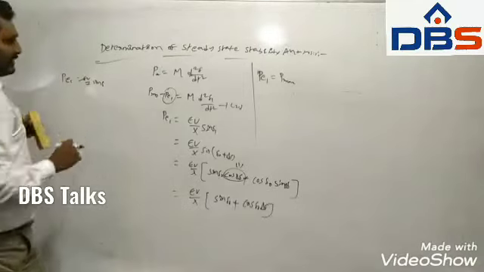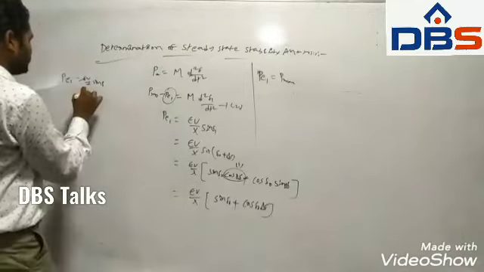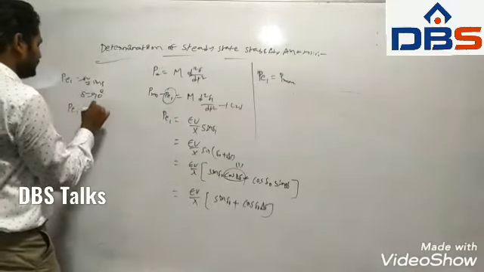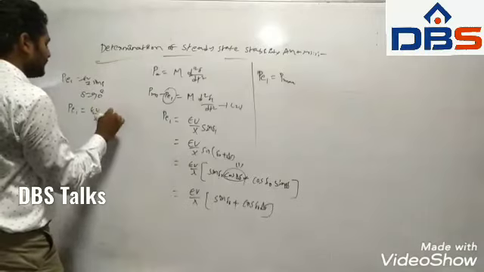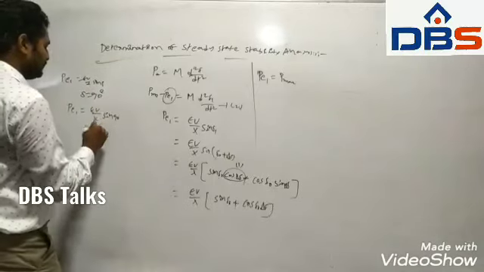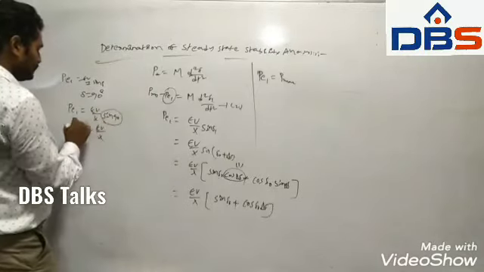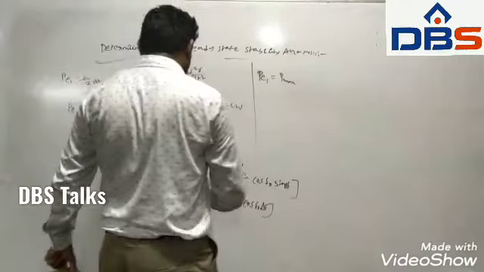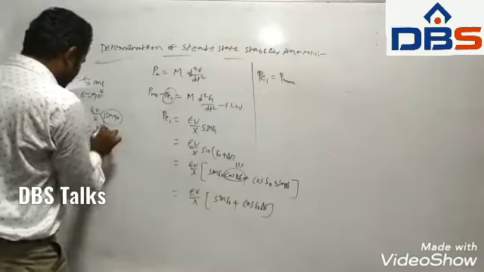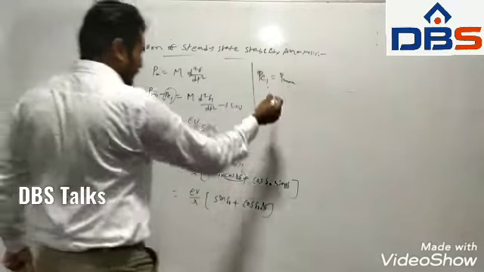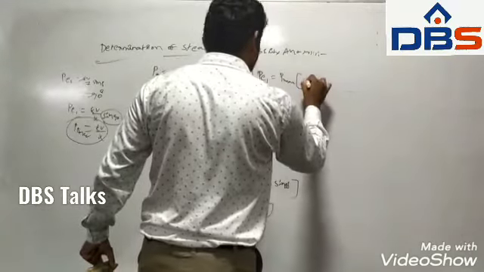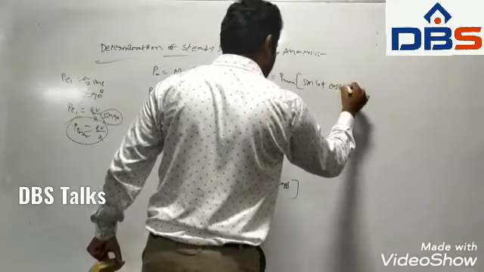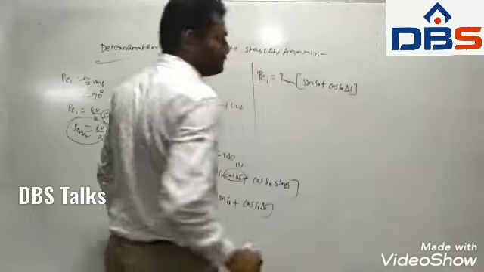The maximum power occurs when delta is 90 degrees. So substituting, P1 is equal to Ev by x into sin 90 degrees, which is Ev by x because sin 90 is 1. So P maximum is equal to Ev by x. Substituting the P maximum value, it converts to P maximum into sin delta naught plus cos delta naught into delta delta.